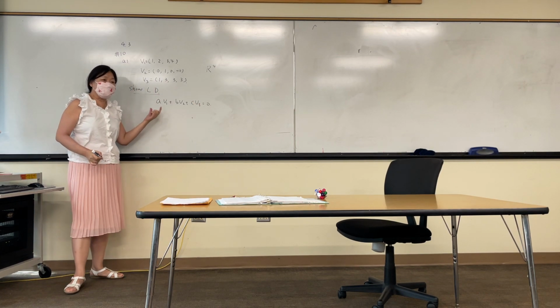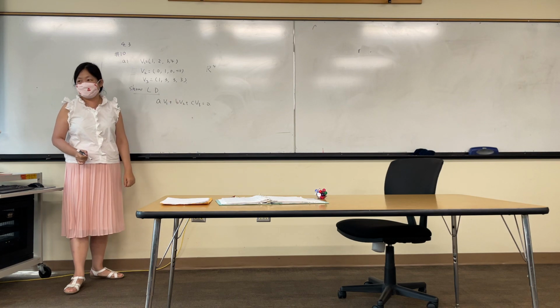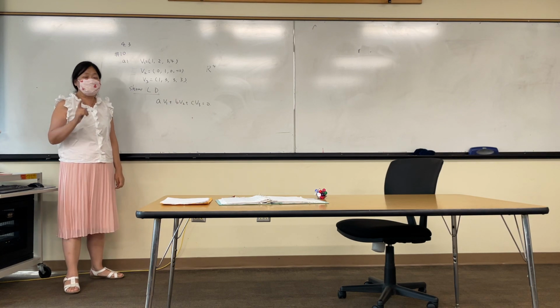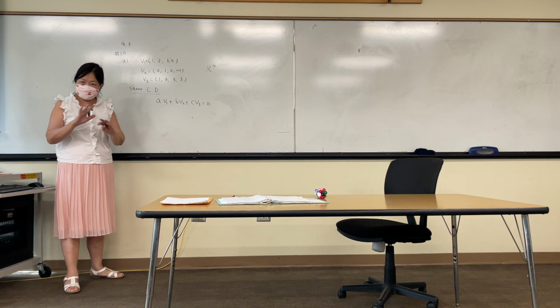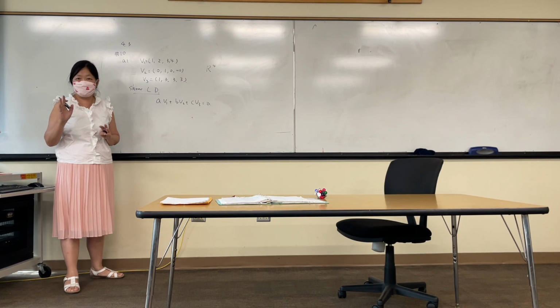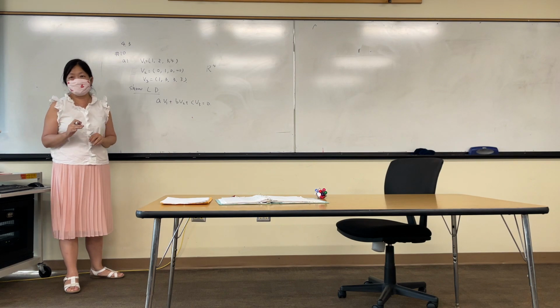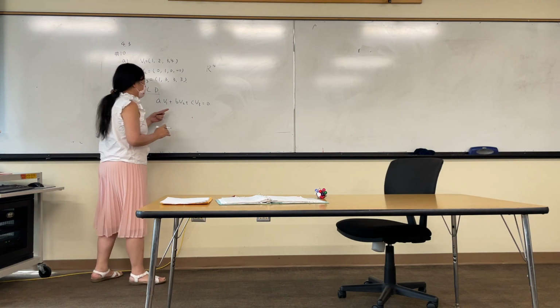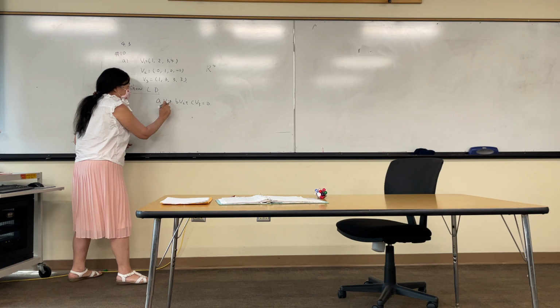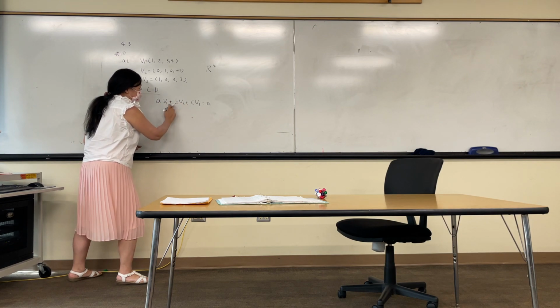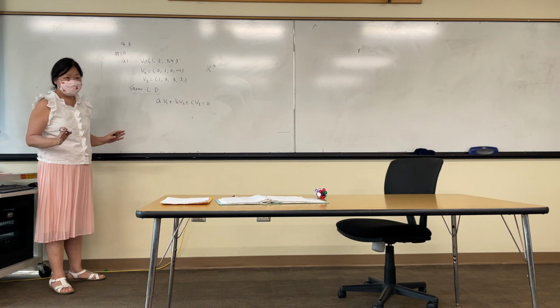I want to see if my A, B, C are all equal to 0. If one of the numbers is not 0, then it's linearly dependent. If all equal 0, that's linearly independent. So our goal is to hope that one of the numbers A, B, C is not 0.